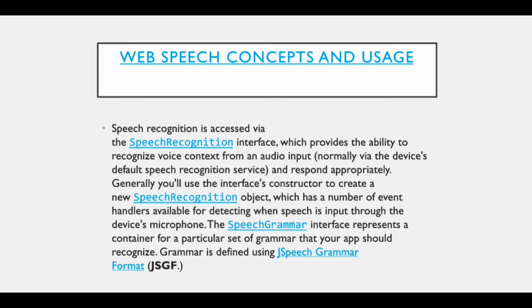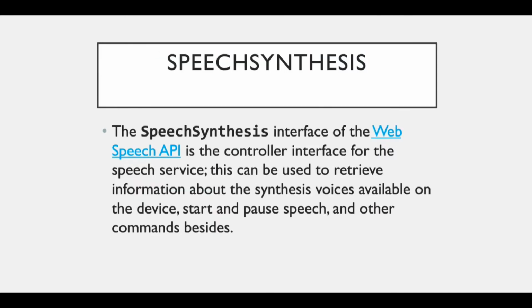Generally we use this interface's constructor to create a new SpeechRecognition object, which has a number of event handlers available for detecting when speech is input through the device microphone. The SpeechGrammar interface represents the container for a particular set of grammar that should be recognized. Grammar is defined using the speech recognition grammar format.